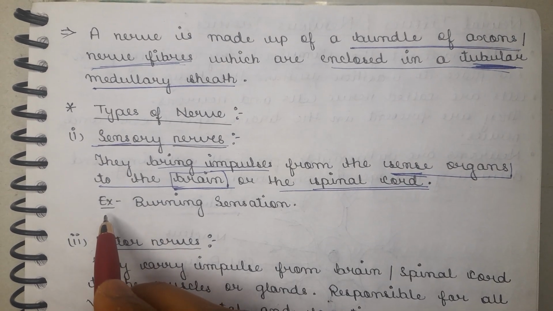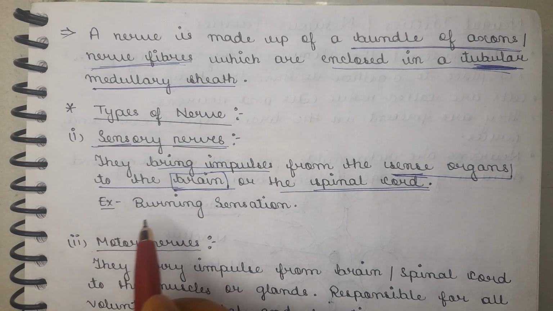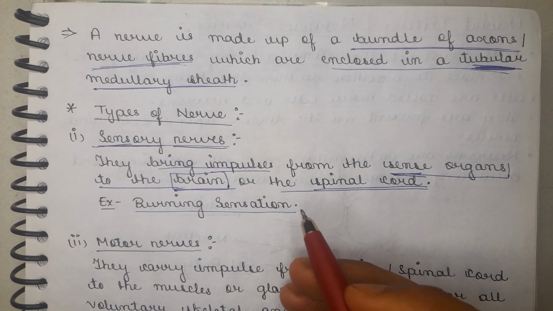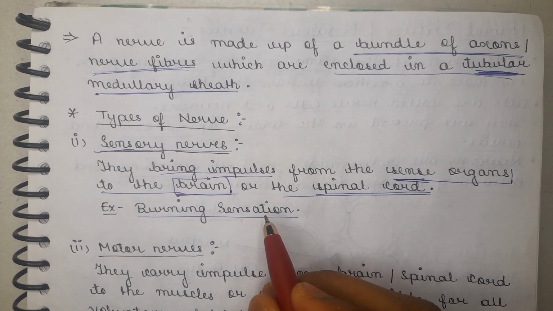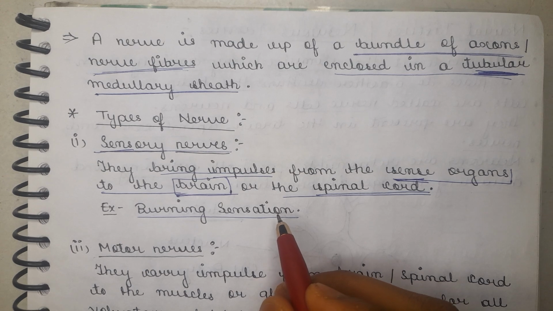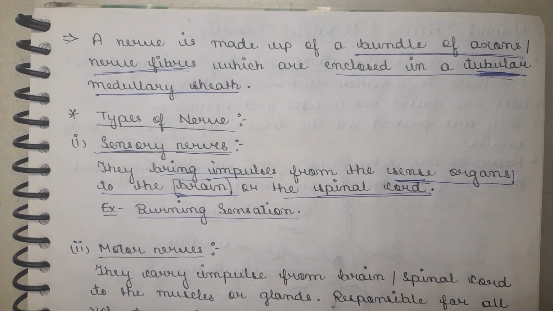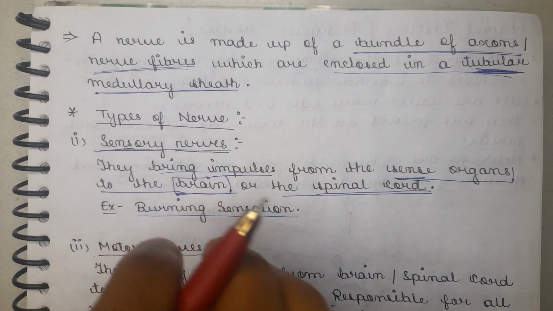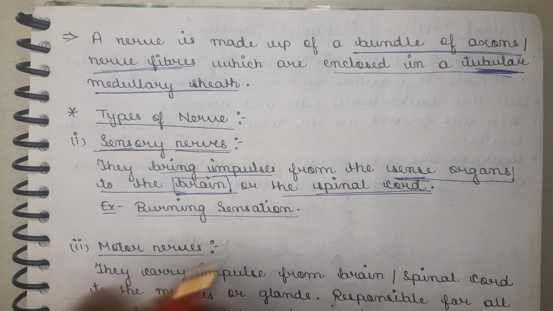For example, if you burn your hand, sensory nerves send impulses to your brain to let you know about your feeling, how you feel pain. So sensory nerves carry the impulse from the skin, the burning sensation, to the brain.